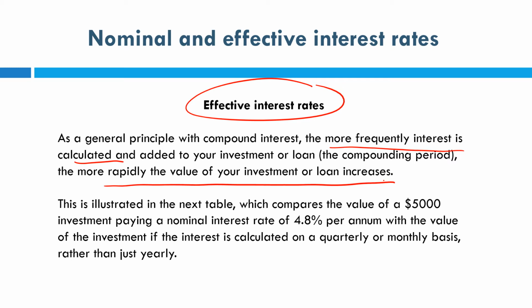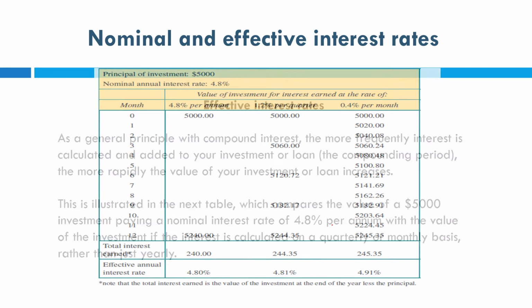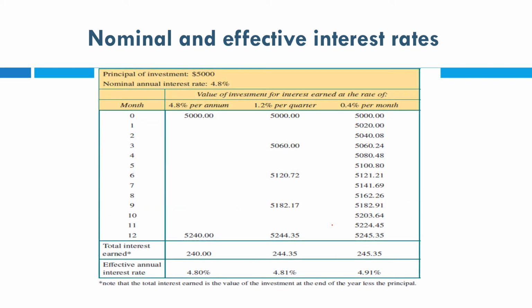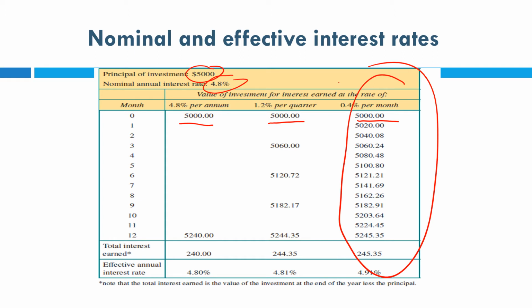So if we have a look at that as a table, we have an investment of 5,000 at 4.8% per annum, and we compare the compounding periods: yearly, quarterly, and monthly.